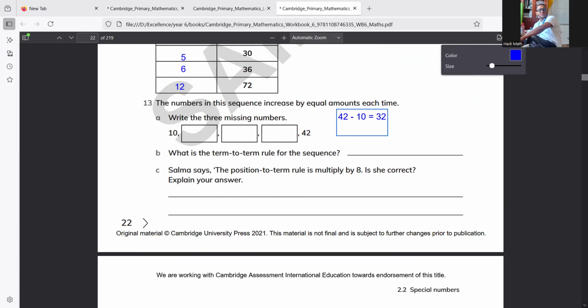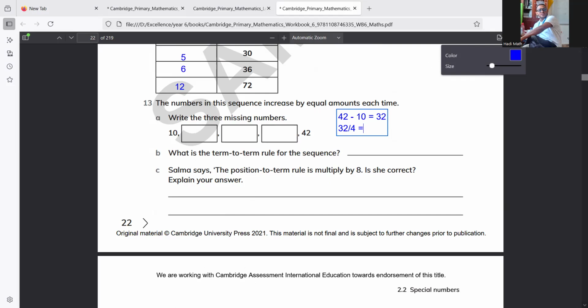Then you see how many missing terms, like 1, 2, 3, 4. I've told you when there are 3 missing terms, you divide by 4. If you do remember. Because from 10 to 42, we add 4 times.